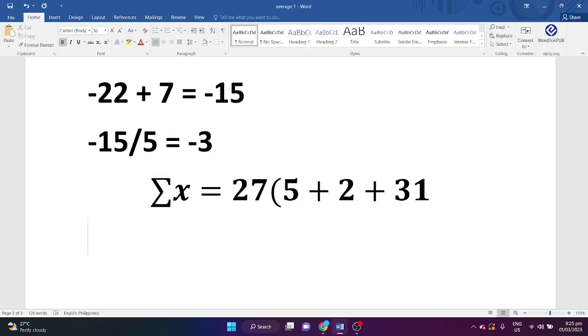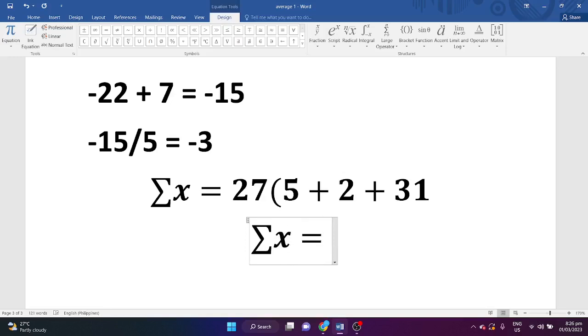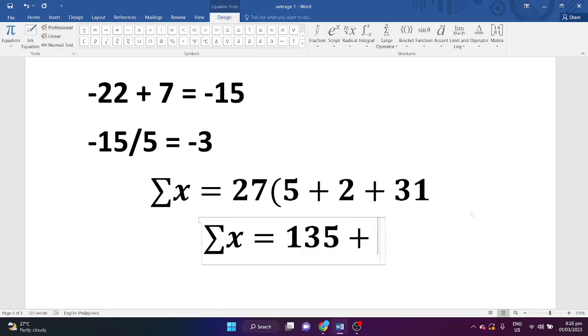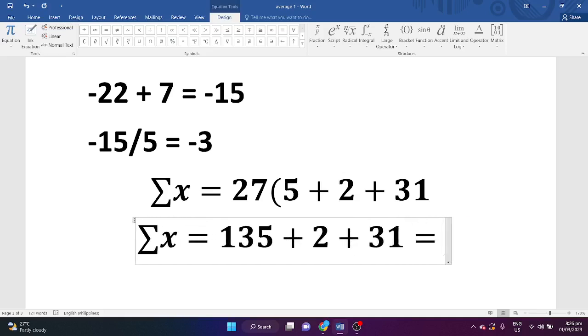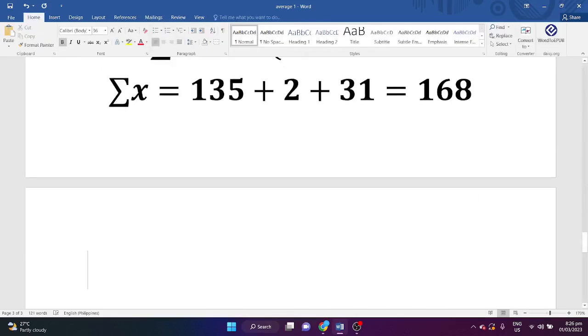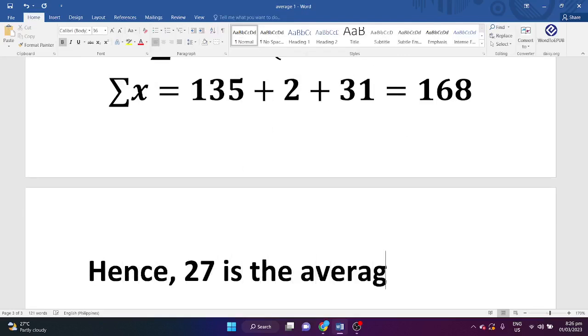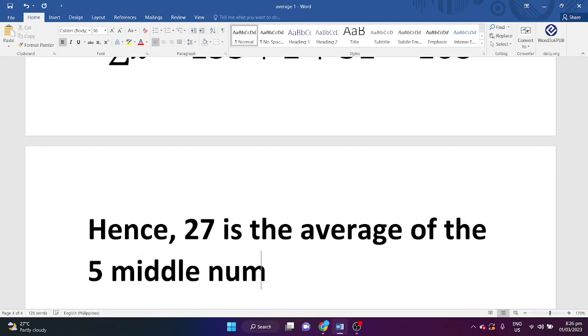And what do we have here? What is 27 times 5? That gives us 135 plus 2 plus 31, and this all is equal to 168. Hence, 27 is the average of the 5 middle numbers.